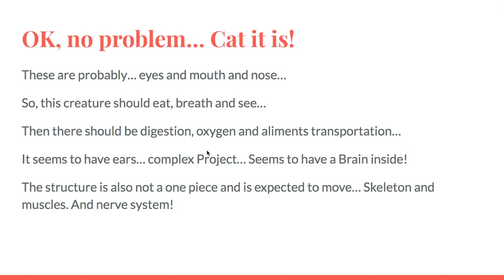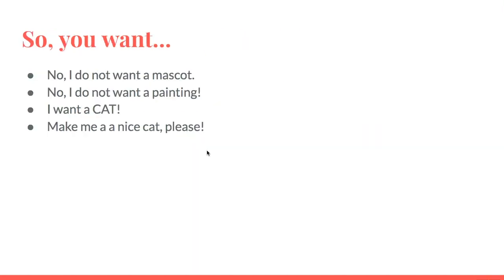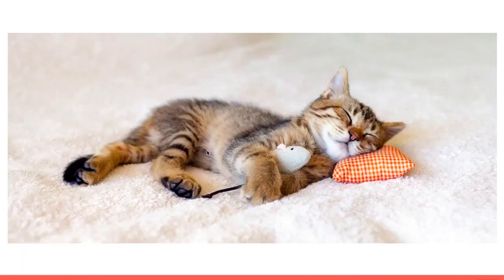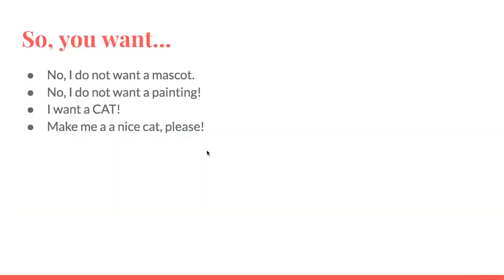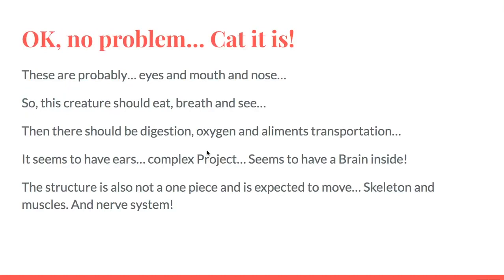And then we look even deeper and think about digestion and oxygen and elements transportation and evacuation systems. And it has ears, and it has some moving parts. It's complex. It's not one piece, so probably a skeleton is assumed to be there. It sleeps. So it has sleep cycles.